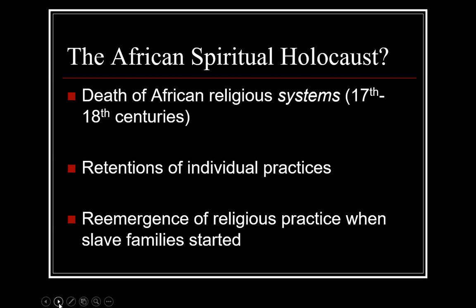Now, it's also important to recognize that the development of slave families was a very important change in predominantly North American slavery that made it different from the Caribbean and Central and South America when it came to Africans.